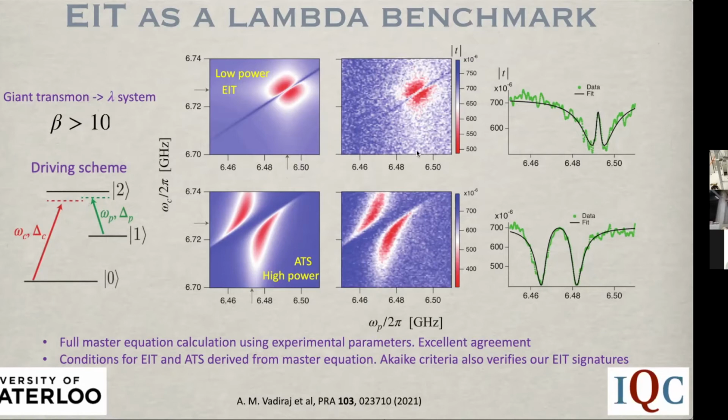The axes here are, I have two tones. I have something that I'll call the pump tone, which in this case is a strong drive between 1 and 2, and I'm varying that frequency. Or actually, sorry, P is the probe. So I have a weak probe between 1 and 2, and then I have a strong control tone, which is driving from 0 to 2.